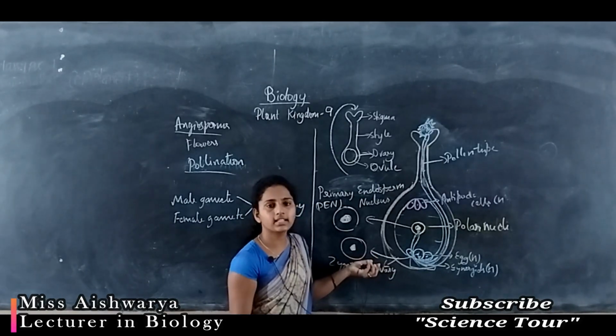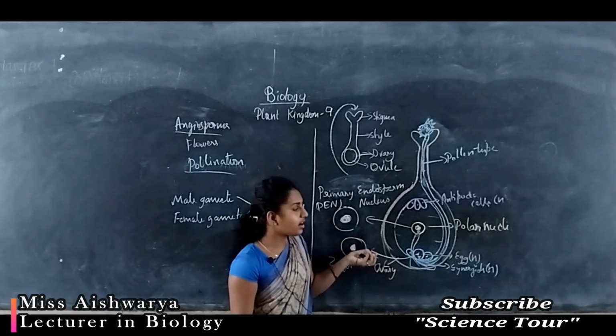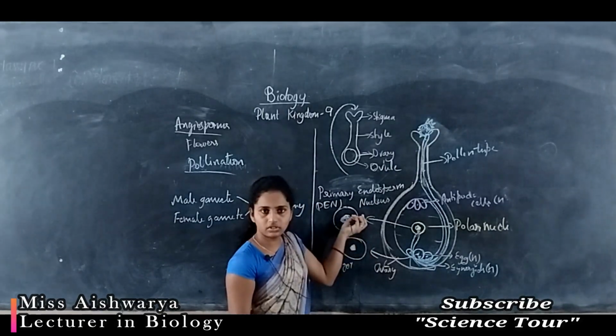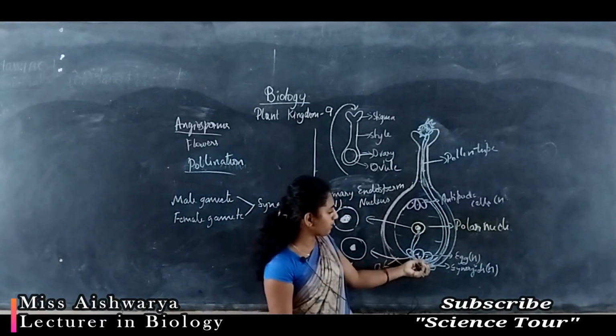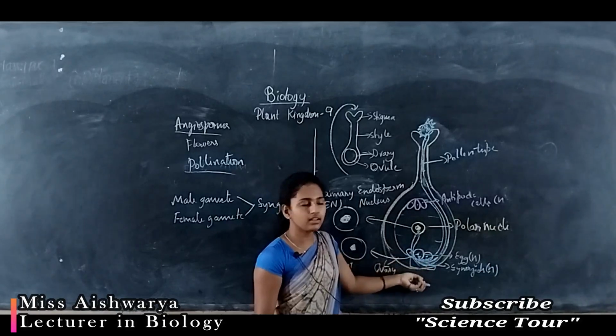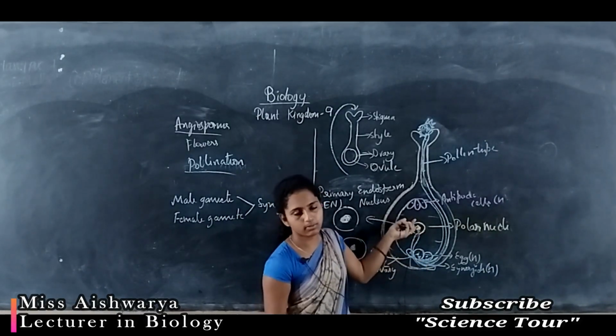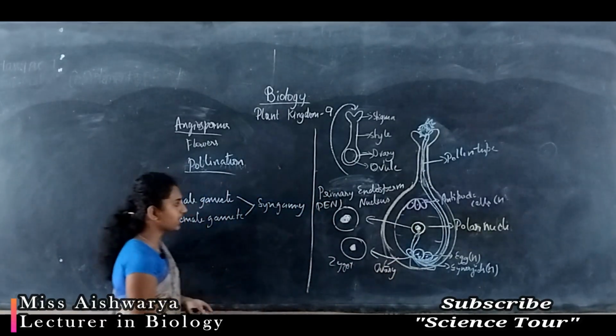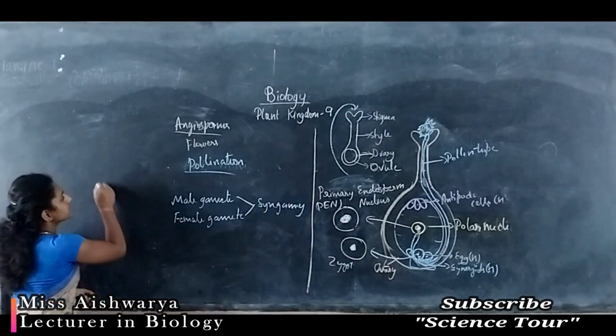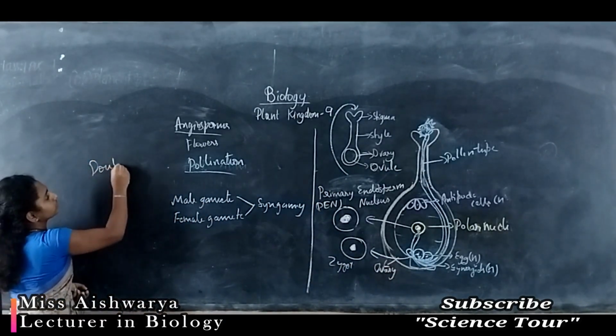Here two fertilizations take place. One of the gametes fuses with the egg, another fertilization with polar nuclei. This process we call double fertilization.